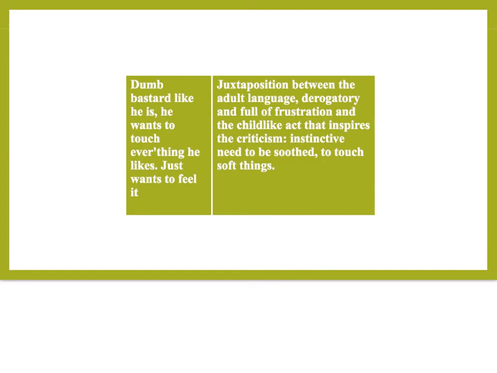It's not crazy bastard, it's a variation on it today, it's dumb bastard. And what we have is this juxtaposition between the adult language and the childlike act. The childlike act is to touch everything that he likes. Again, we have this idea that Lennie is linked to his instincts, and it's his instincts that unfortunately cannot be controlled. Here, it's to touch soft things, and we know how that ended badly in Weed.